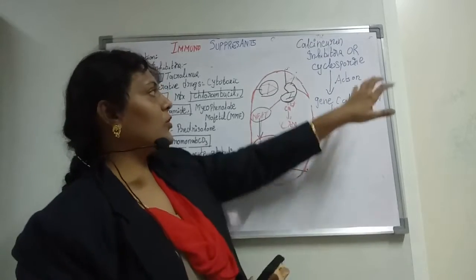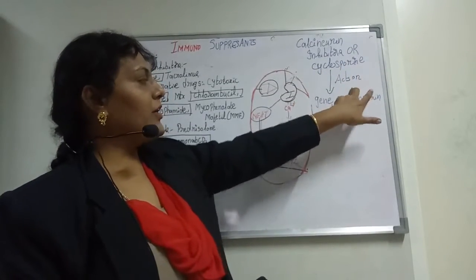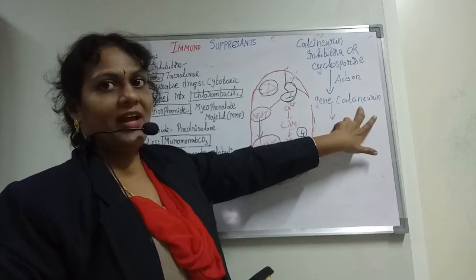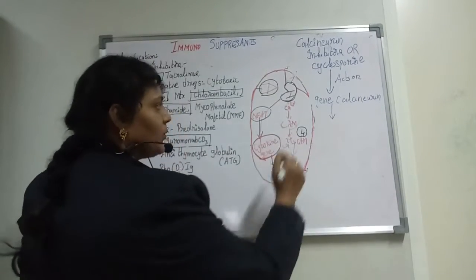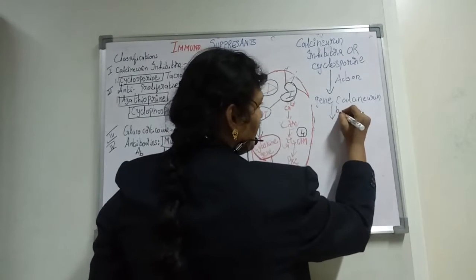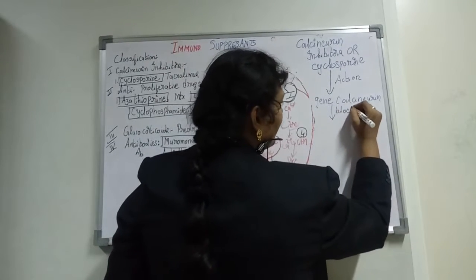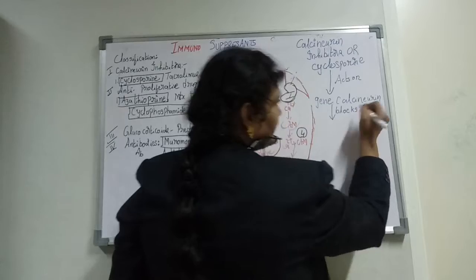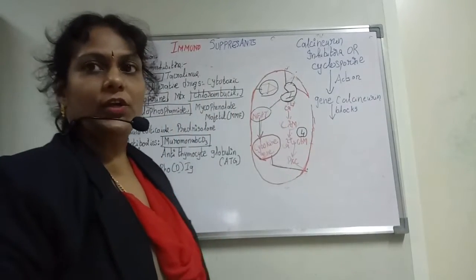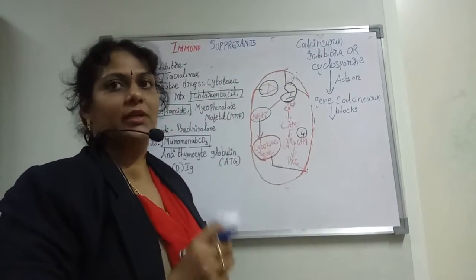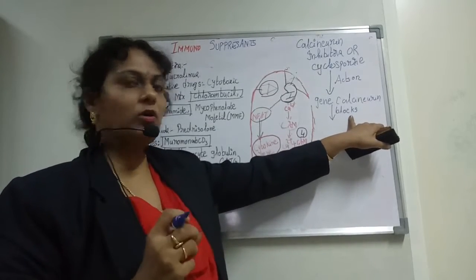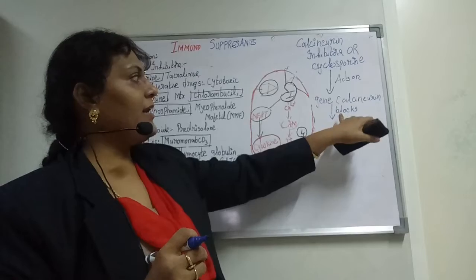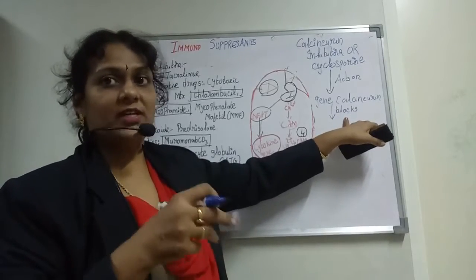So I wrote here that cyclosporin is acting on your gene called calcineurin, and what it is doing I represent with another word, "blocks". In order to inhibit something, it has to block something. So what is it blocking?